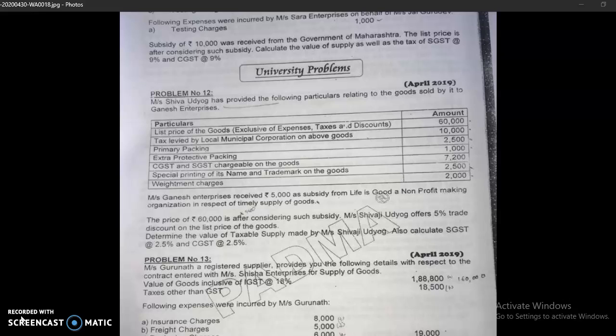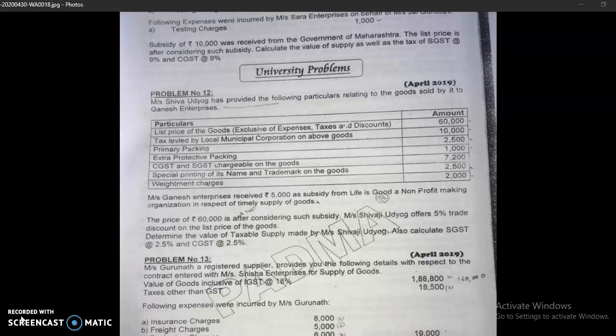Then any taxes, but for adding the taxes you have to consider the value of taxes other than SGST, CGST, UTGST, IGST and GST cess. Then apart from this, any subsidies received from NGOs, private institutions, etc. are also added into the value of supply.